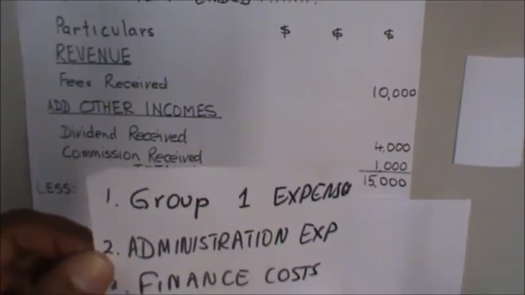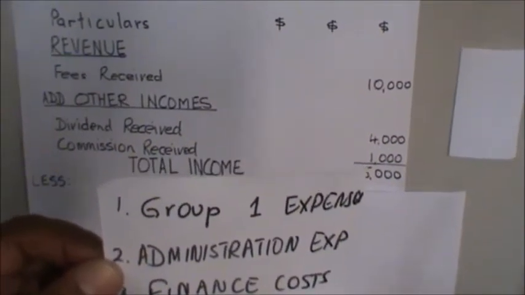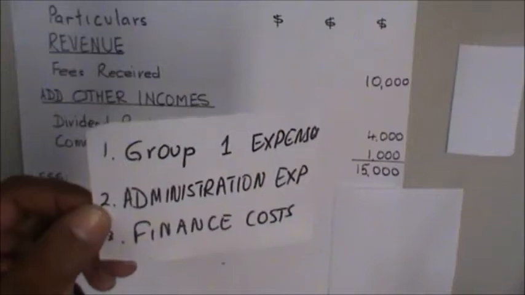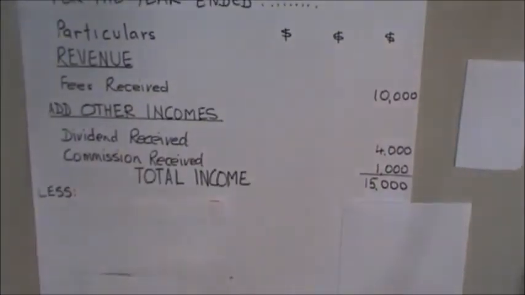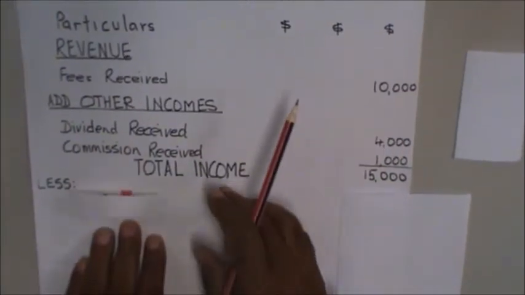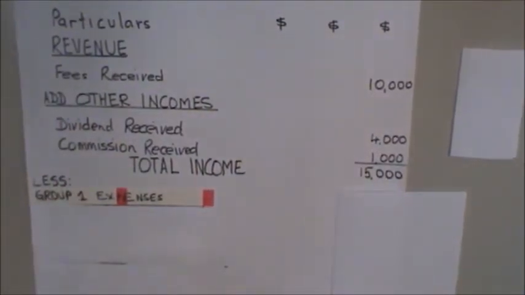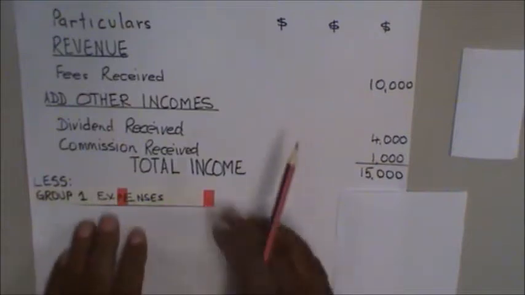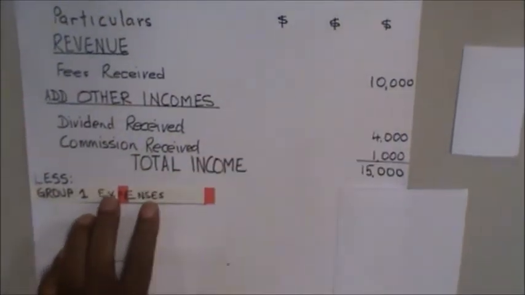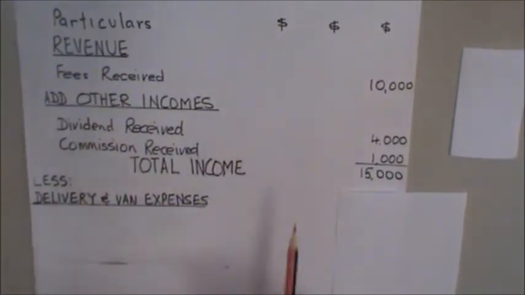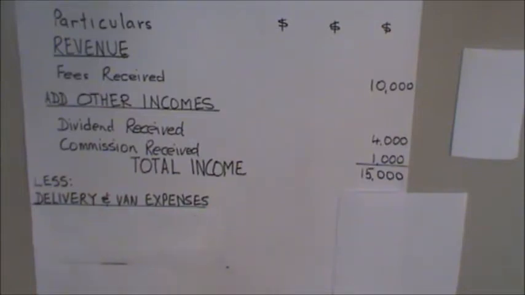Group 1, and because this is a courier business, we are looking at expenses that connect directly with a courier business. So we're going to call it delivery and van expenses. So that becomes the group 1 expense.